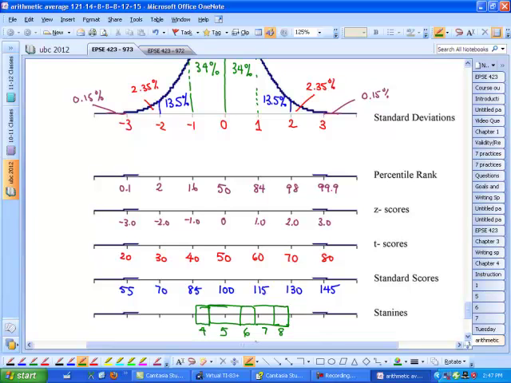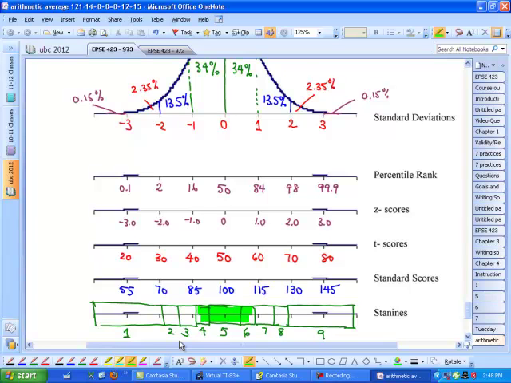If you're 2 standard deviations away and beyond, this is stanine number 9. Similarly, going the other way, here's 3, here's 2, and at -2 standard deviations away and beyond, this is stanine number 1.